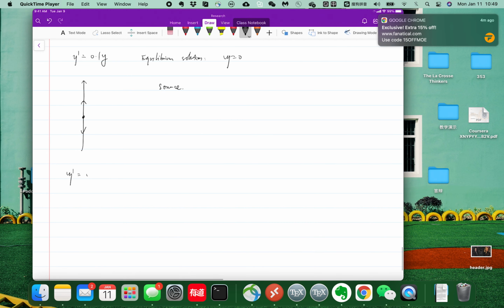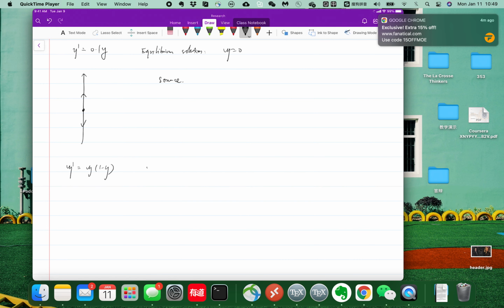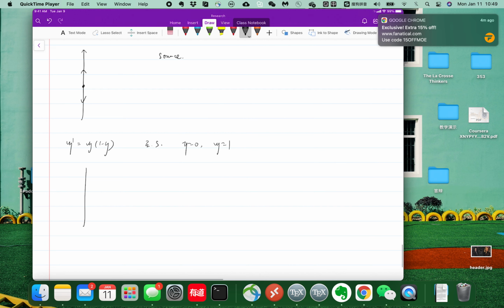Y prime equals y(1 - y), the logistic. Okay. Equilibrium solutions are y equals 0, y equals 1. Okay. Draw the phase line. Okay. This one is going to be a source. This one is going to be a sink.